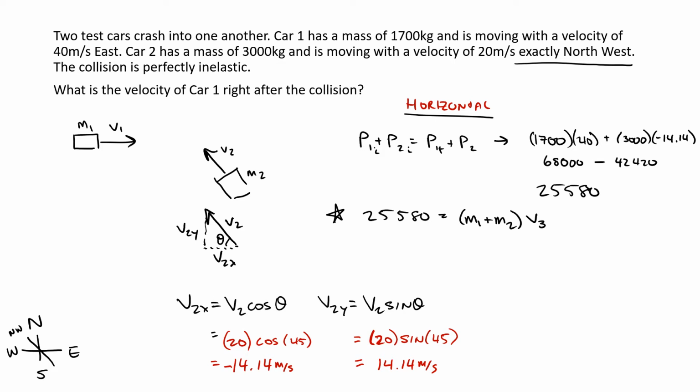This is going to be 2.5 divided by, so I have to remember this is only for the x direction, 5, 8, 0 for 700 kilograms.